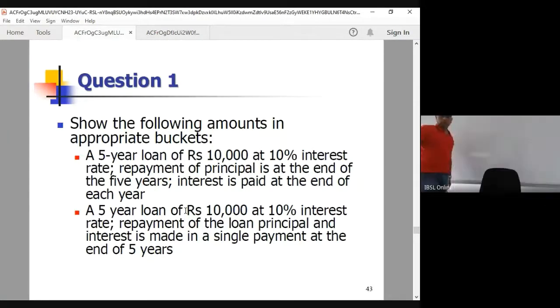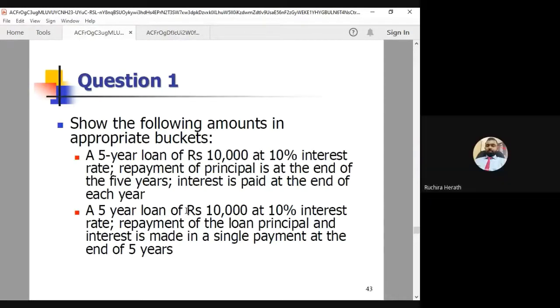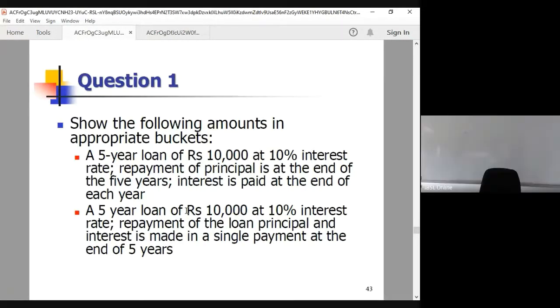Okay, so you have 1, 2, 3, 4, 5, loan number 1 and loan number 2. The first one, where is the principal paid? At the end of 5 years, right? So the principal gets paid here.